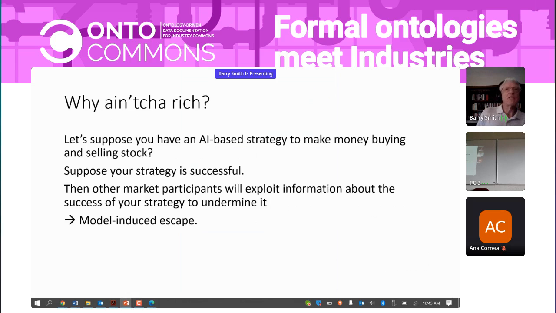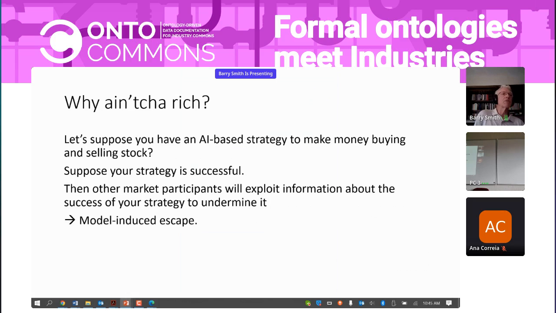So let's suppose you have an AI algorithm which will help you get rich buying and selling stock. Then if you're successful, other market participants will exploit the information that you generate in order to make you fail. That's model-induced escape. The model itself creates the reasons for the model failing.